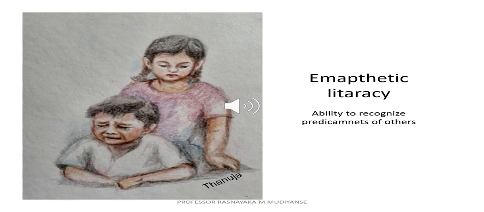Say, for example, empathetic literacy is the ability to recognize the predicaments of others. Now here you can see this sister has recognized her brother is in pain. So I am sure this picture drawn by Dr. Tanuja is vividly showing you that empathetic literacy, she has recognized the issue.